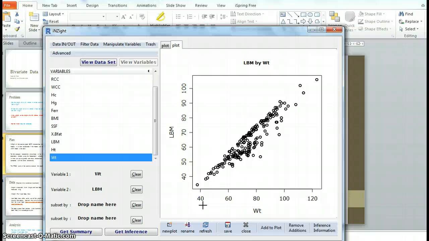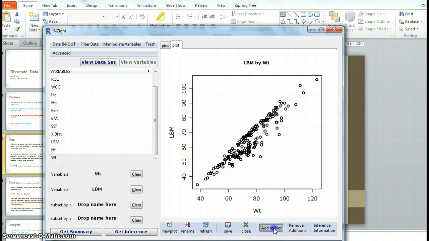I'm not a sports scientist, so I'm not even sure how they measure someone's lean body mass, but there is some calculation involved. So if I wanted to predict someone's lean body mass, I would use their body weight. That's my independent variable to predict the dependent variable, lean body mass. That's really important, getting that right. Otherwise, the whole thing doesn't really make sense.